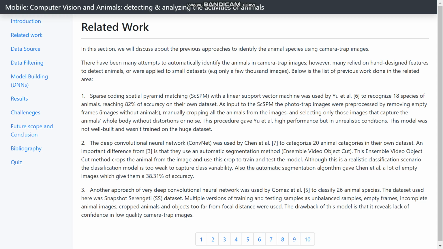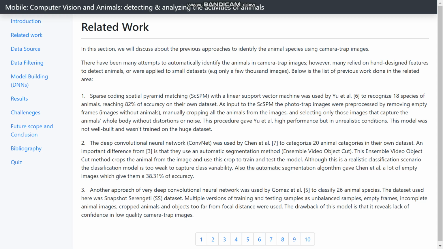The second paper published was related to deep convolutional neural networks by Chen. It categorizes 20 animal categories in their own data set. It uses the ensemble video object cut method.